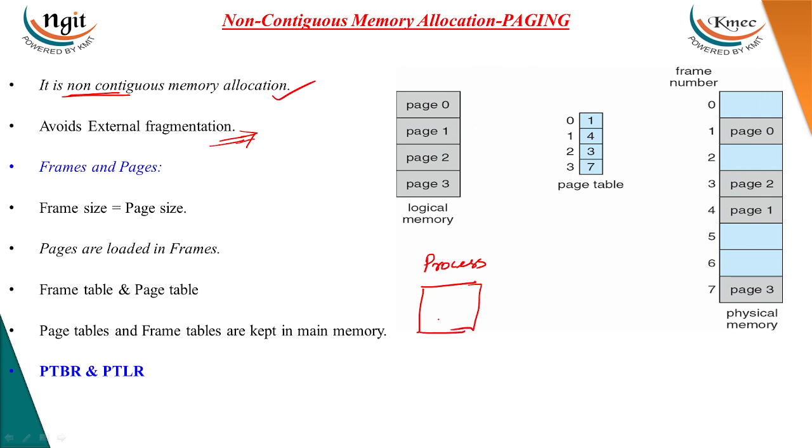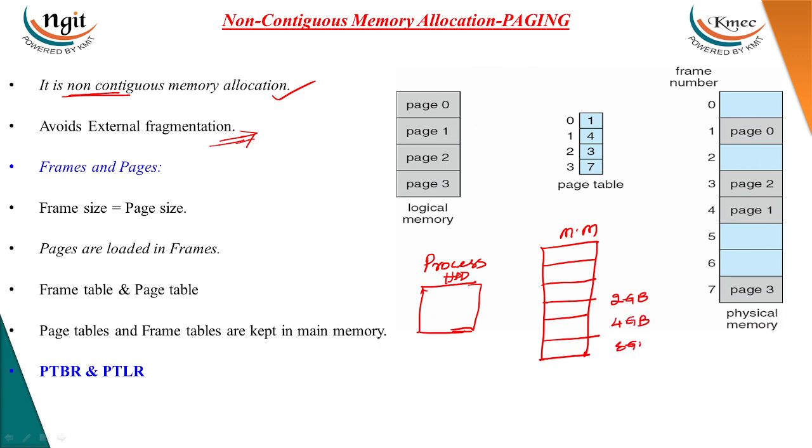The process memory is stored on the hard disk, and then there is main memory, that is your RAM. They may not be the same size. Current RAMs are a minimum of 2 GB: 2 GB, 4 GB, 8 GB.